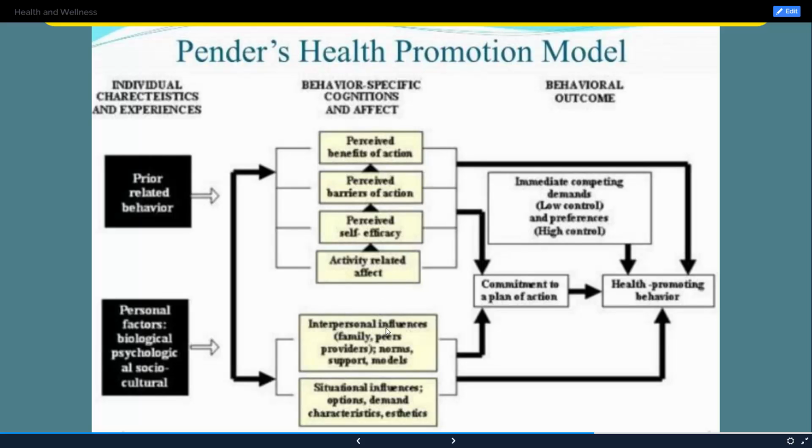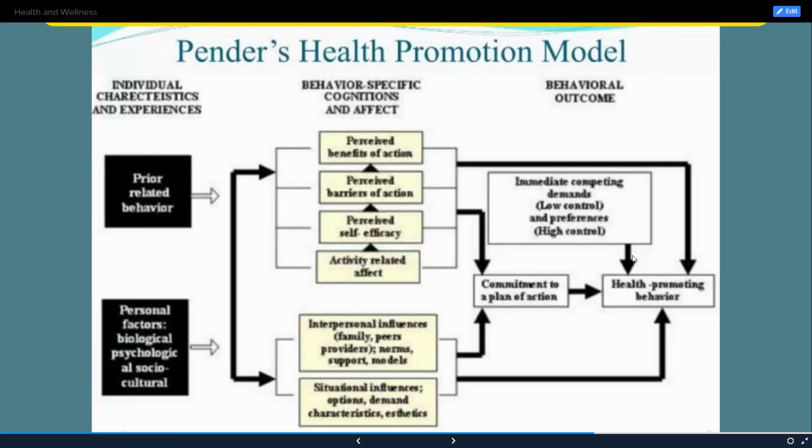And then interpersonal influences: family, peers, providers, norms, supports, models. And then situational influences like the environment, right? Which is options, demand characteristics, aesthetics. So some of these things look at the psychological, biological, and sociocultural issues. And then that leads into commitment to a plan of action and health promoting behavior. And then you have some immediate competing demands, right?